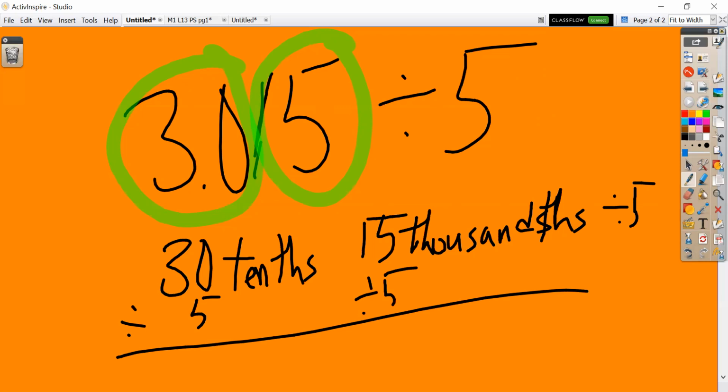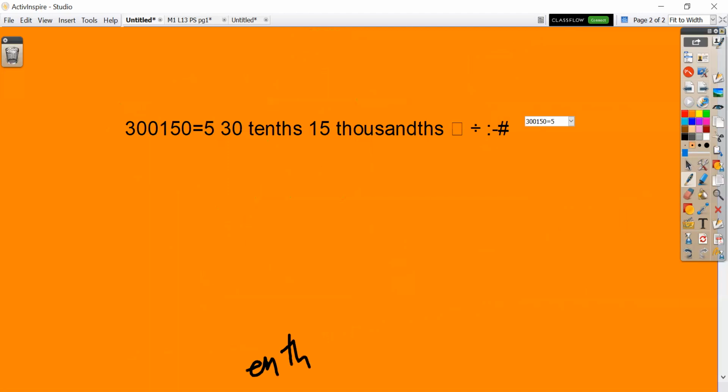If you're struggling with division, think about it backwards. What times 5 gives you 30? Well, 30 divided into 5 equal groups is 6.